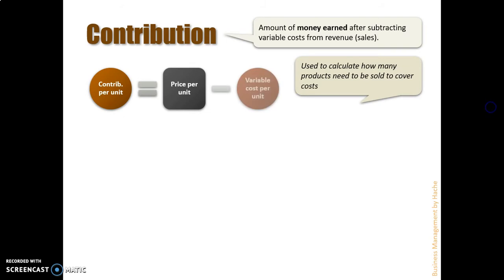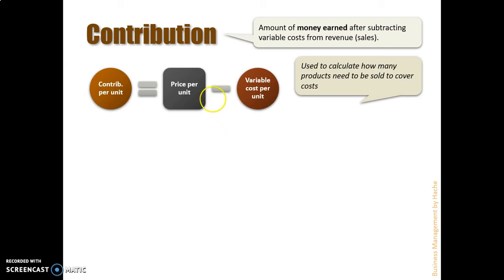You just subtract the variable cost per unit, how much you spend to make that cookie, from the price per unit. So if you are selling each cookie for $1, and the cost for each cookie was 50 cents, then the contribution would be naturally 50 cents. And that would be the contribution per each cookie. So that's what you get per unit.